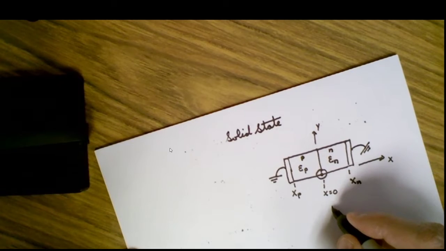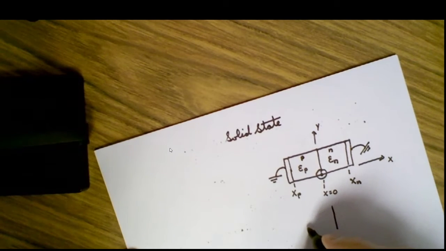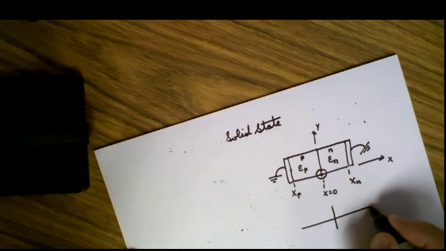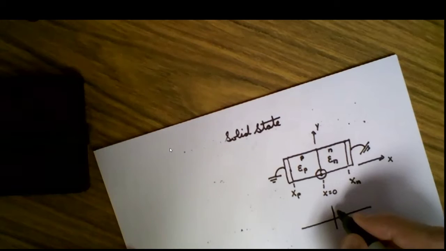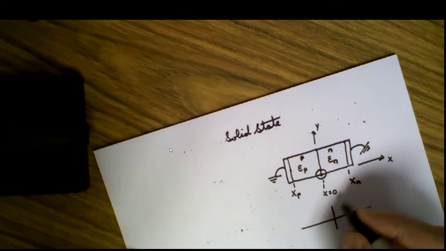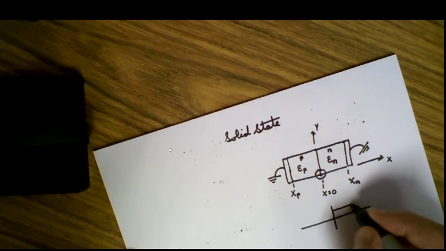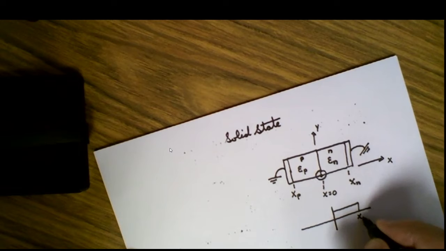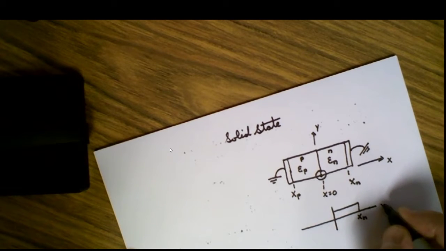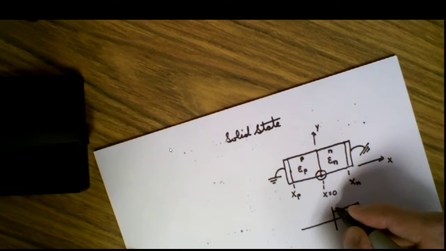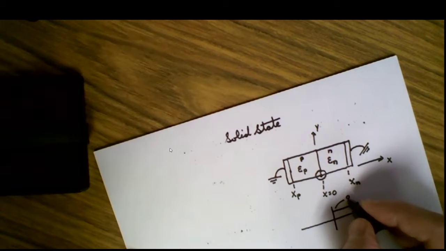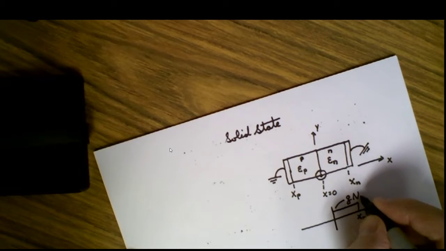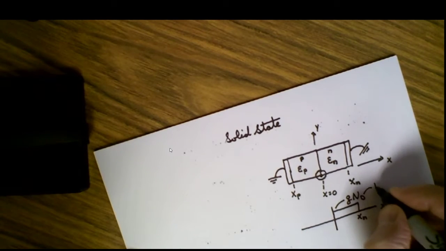If we look at the distribution of the dopant that's placed in these materials, donor electrons, or positive charge, with a distribution that looks something like this, and a charge density, which is equal to Q times N sub D, where D represents donor.